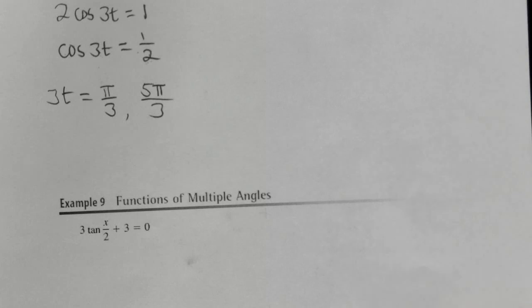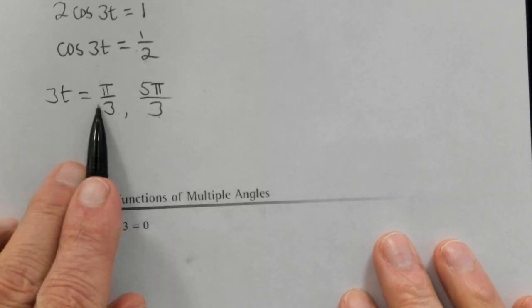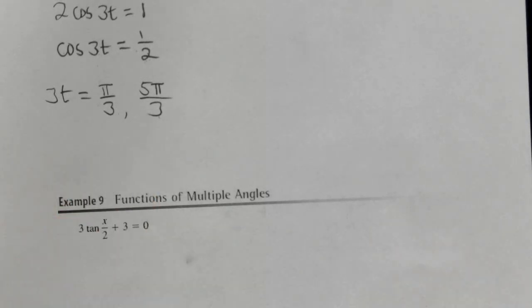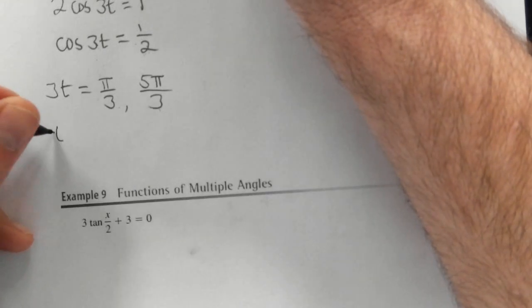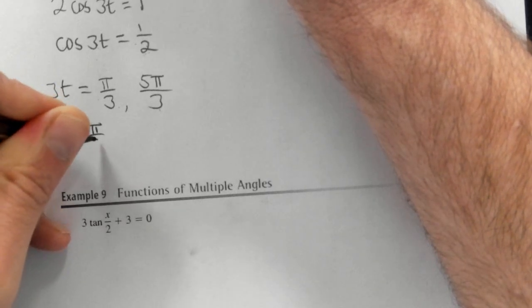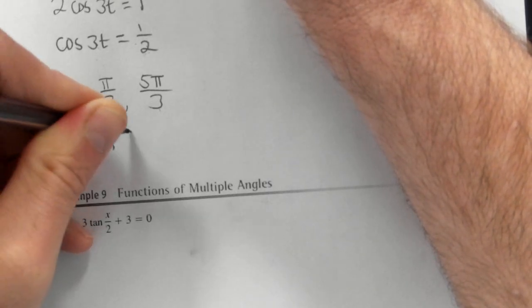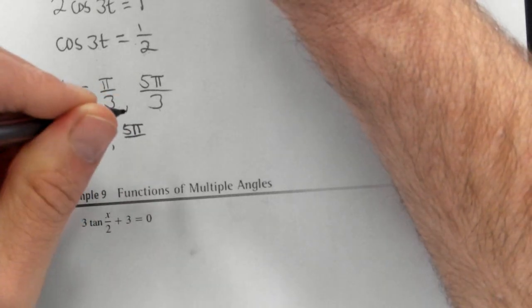Now, remember, these aren't solutions yet to my equation because I don't want to know what 3t equals. I want to know what t is going to be equal to. So I've got to take each one of these now and divide them by 3. So that means that t is actually going to be equal to pi over 9 and 5 pi over 9.